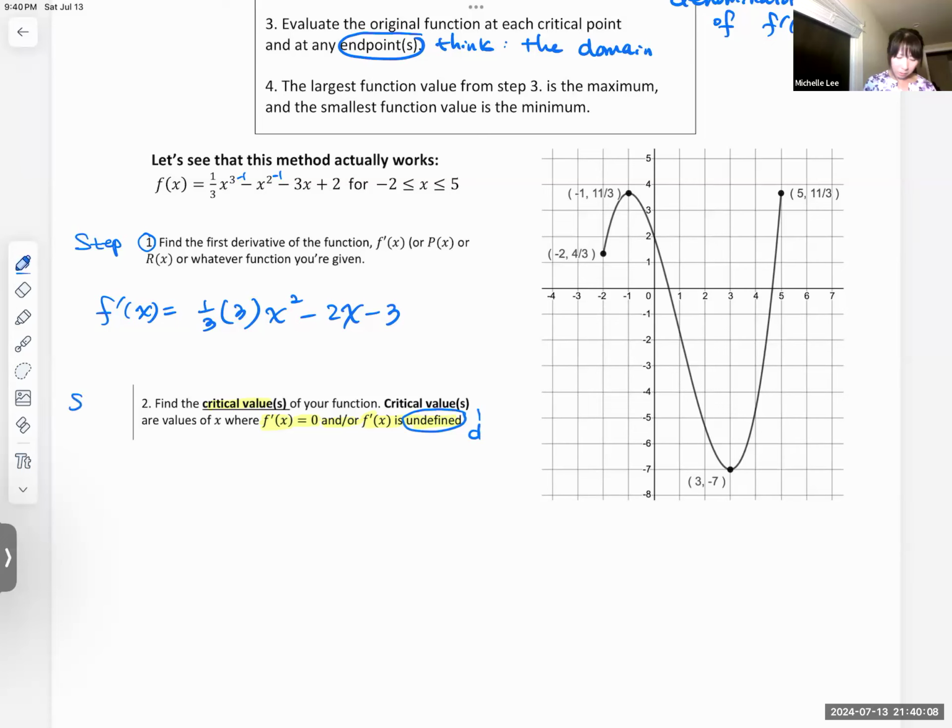Step 2. Critical value, how do we find the critical value? We set f prime of x equal to 0, right? Or f prime of x undefined. Let's take a look. There is no fraction, right? So we can ignore the second part.